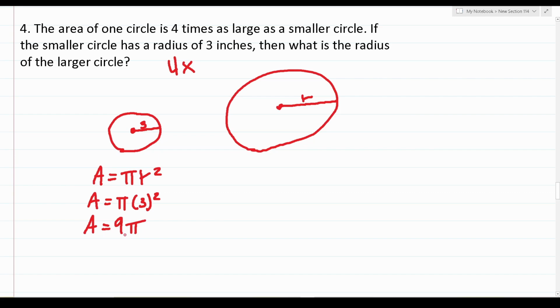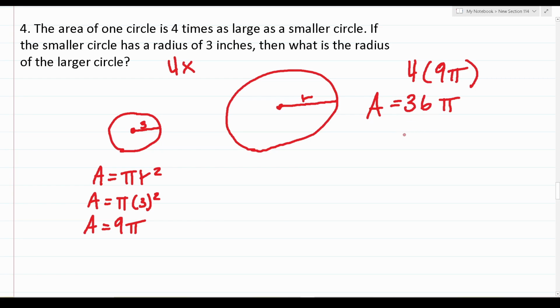Again, if the area of this small circle is 9 pi, that means that the area of this big circle is going to be 4 times 9 pi. What is 4 times 9? 4 times 9, of course, is 36. So the area of this big circle here is 36 pi.